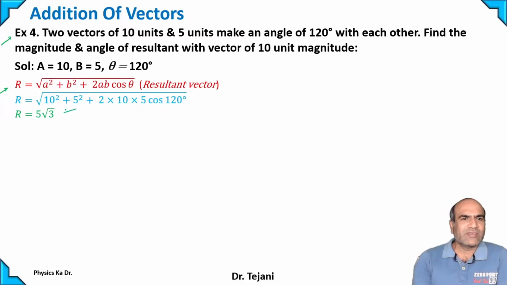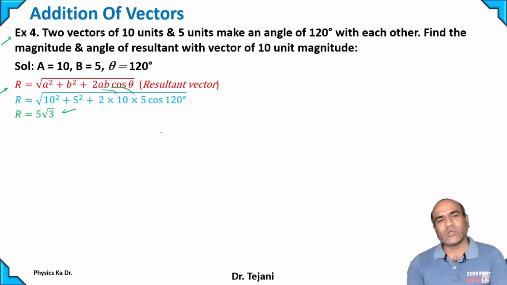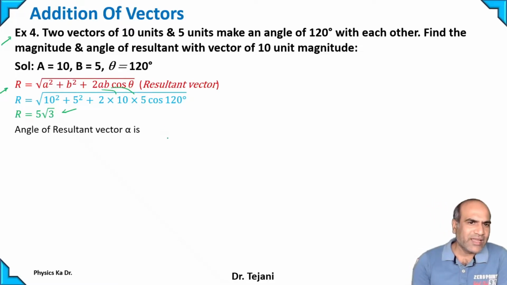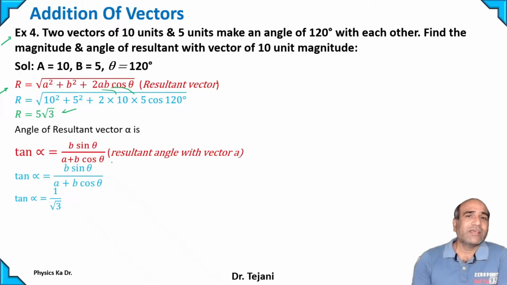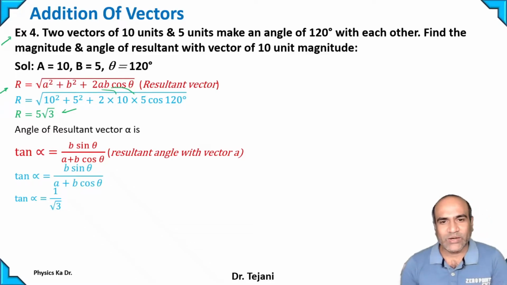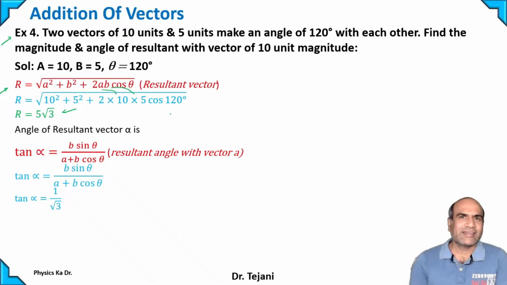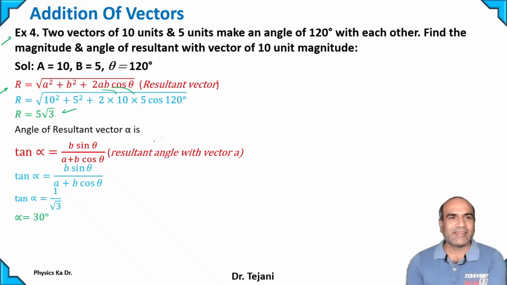Put in the values: A is 10, B is 5, and theta is 120. So R is equal to 5 root 3. And for the angle of the resultant vector alpha, the equation we know is tan alpha equal to B sin theta divided by A plus B cos theta. That gives us the resultant angle of that solution. Very simple. Alpha is 30 degrees.